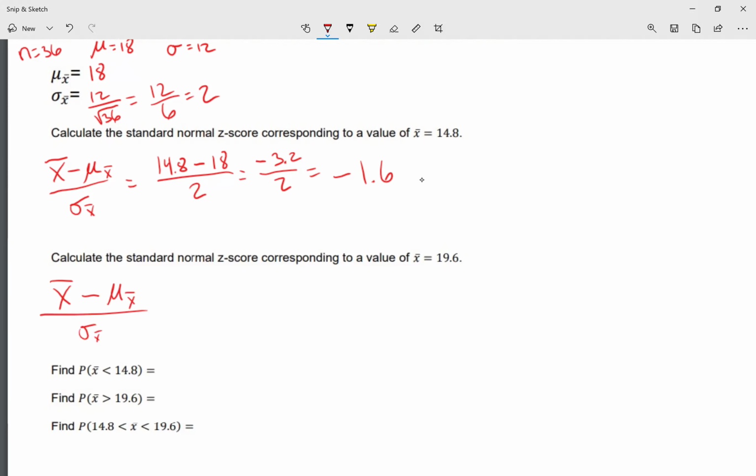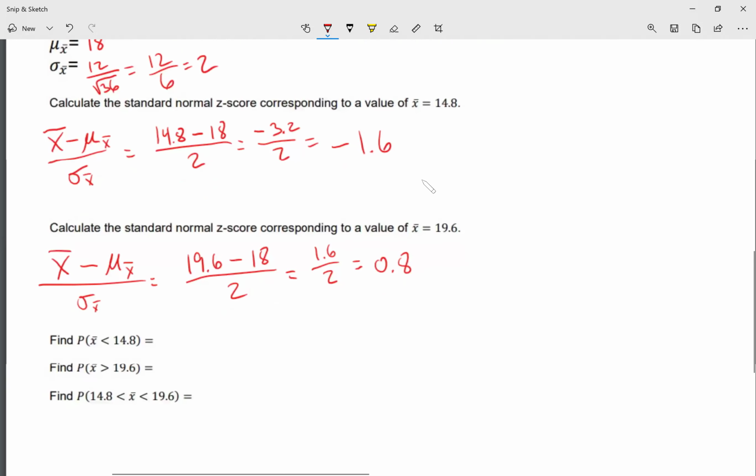In other words, this is 19.6 minus 18 divided by 2. So 19.6 minus 18 is just 1.6. So I have 1.6 divided by 2. That gives me 0.8. So it's not that hard to calculate some z-scores.